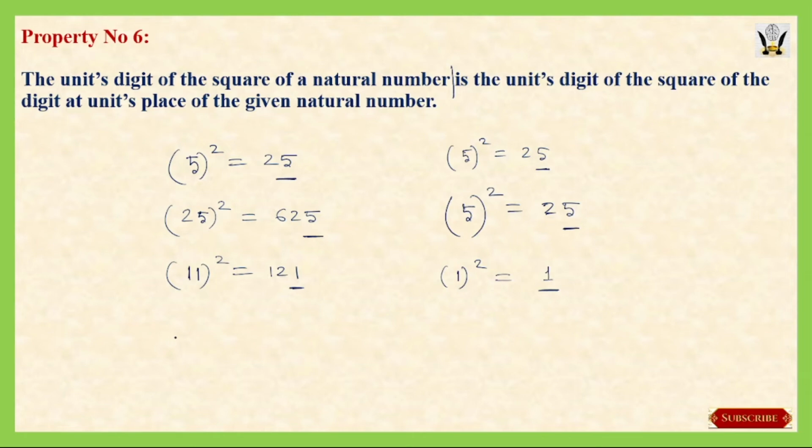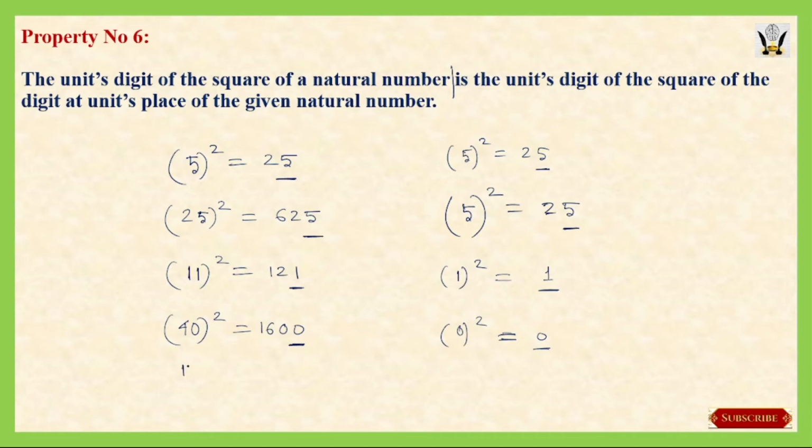That's what it says. Now suppose I choose 40, its square is 1600. The digit at the units place is 0. And if I take the digit at the units place from that natural number, it is 0, and the square of 0 is 0. So this digit should match the digit at the units place of the square number.